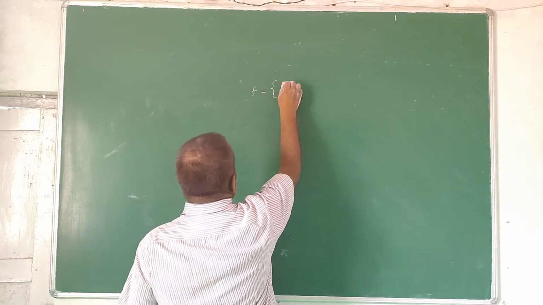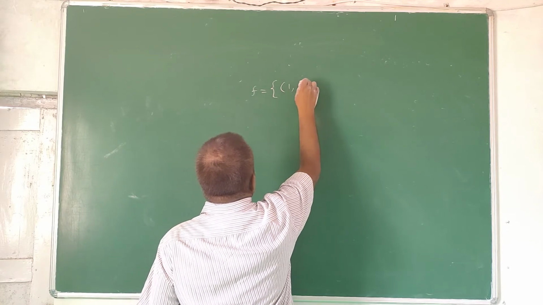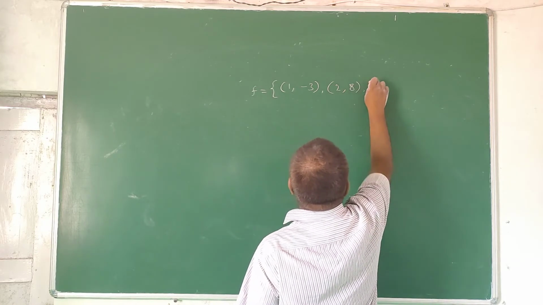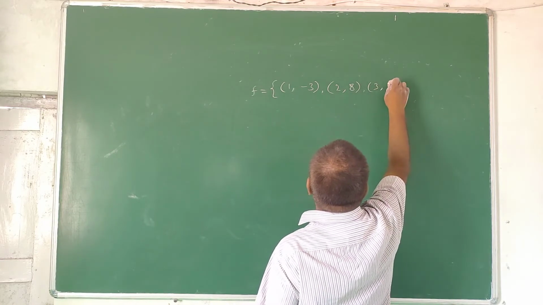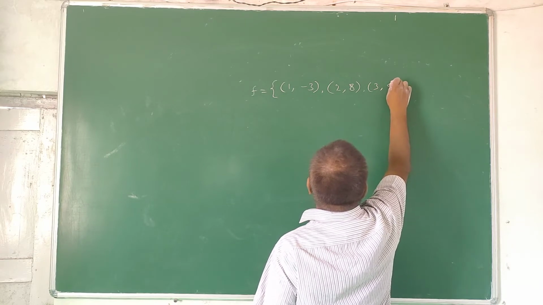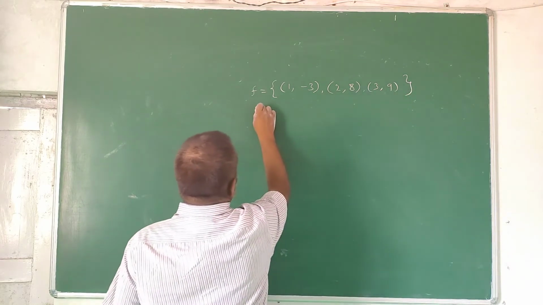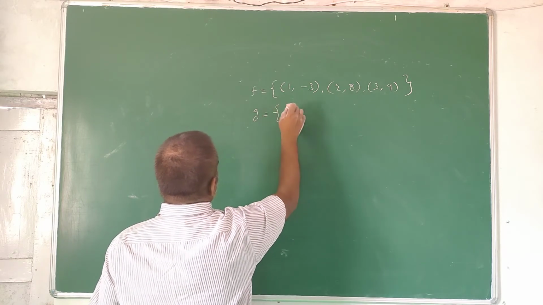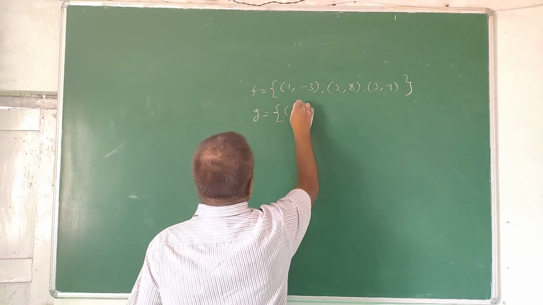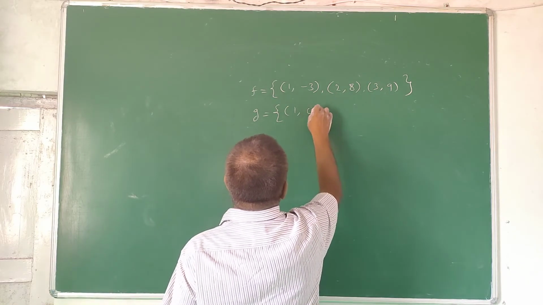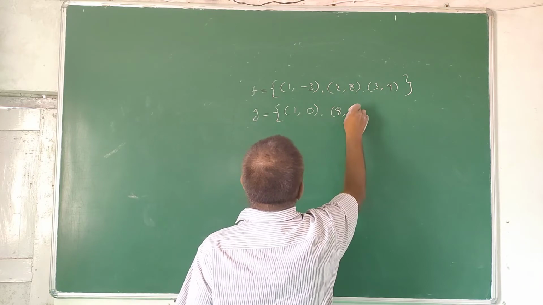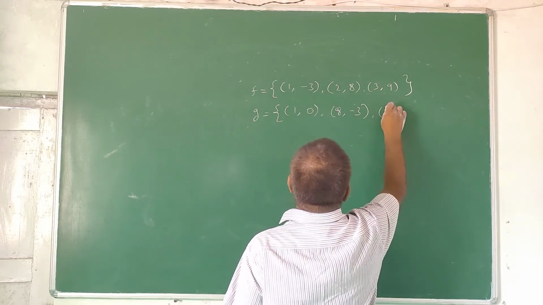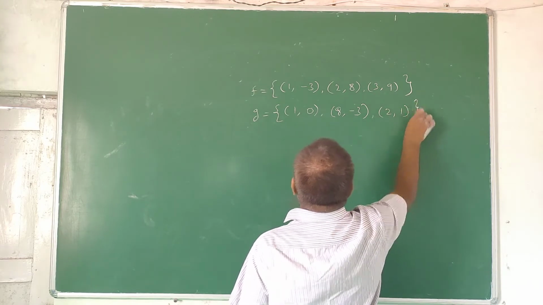Say suppose f is equal to 1 comma minus 3, 2 comma 8, 3 comma 9, say for a moment, and g is equal to 1 comma 0, 8 comma minus 3, 2 comma 1, say for a moment.